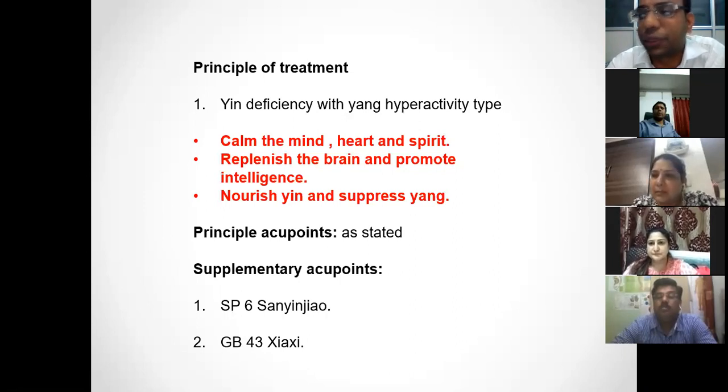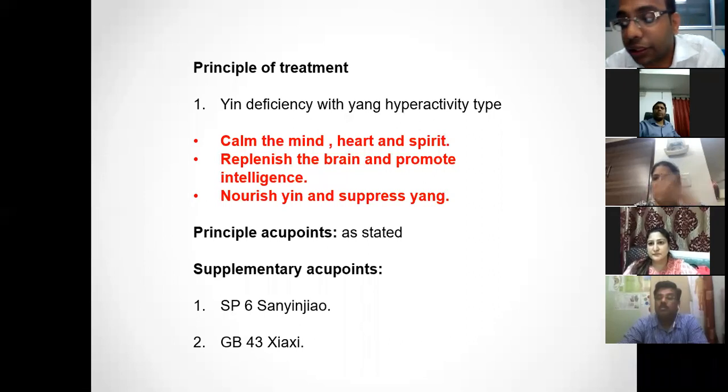Every patient has a different symptom. You cannot use this randomly on all the cases. When you treat the patients, you may use these points in the beginning. See the symptoms, follow the category in which they fall, then choose the principal points, and then use the supplement.